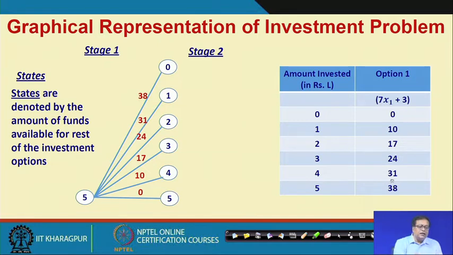Now, on this side the states are denoted by the amount of fund available for the rest of the investment options. We said that in stage 1 there is only one investment state. What is that? That is 5 lakhs. What is this 5 lakhs? This 5 lakhs is the amount remaining for investing in all the different investment options.